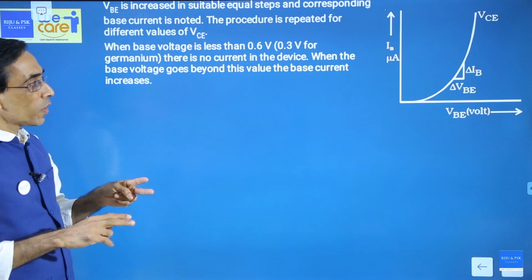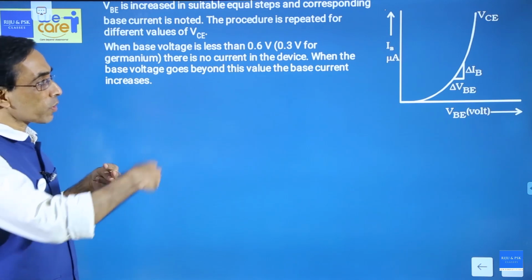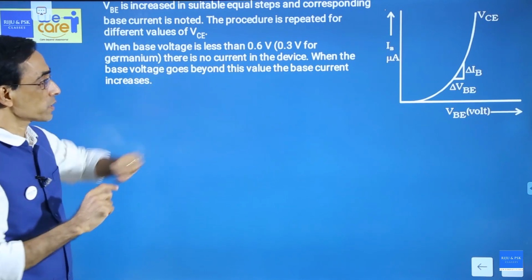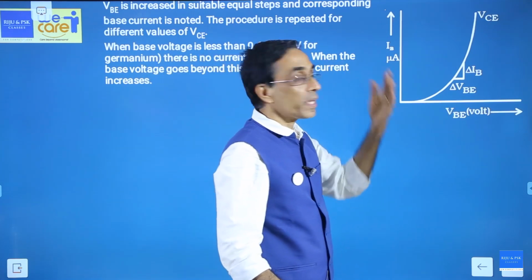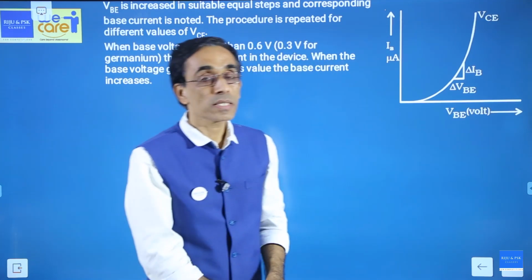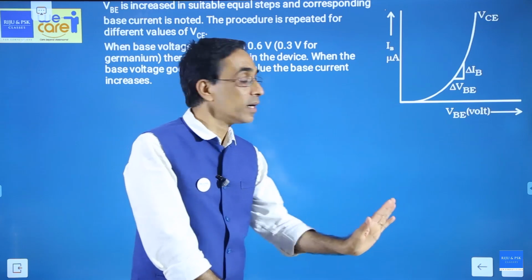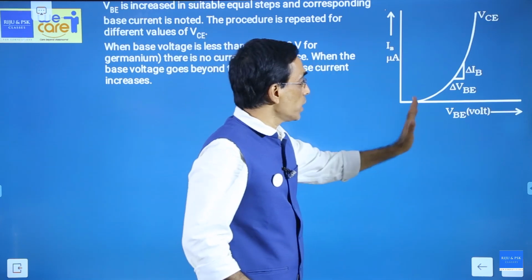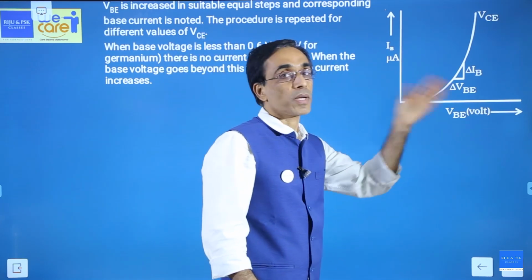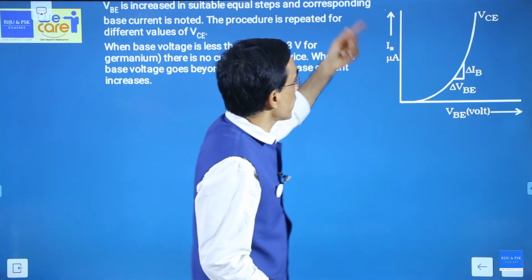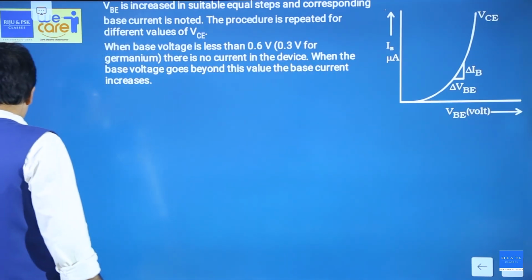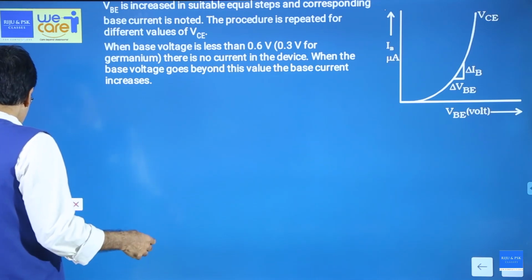So I'll tell you what to memorize for further discussion. If the base voltage is less than 0.6, there is no base current. For base current to flow, the base voltage should be more than 0.6. If you increase the base voltage, the base current will also increase. So these two points should be memorized for later usage.